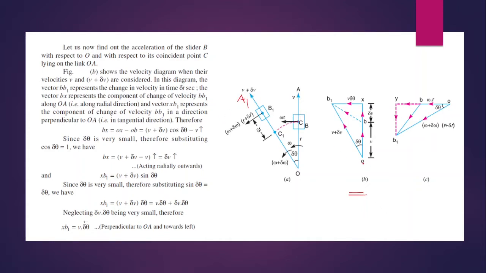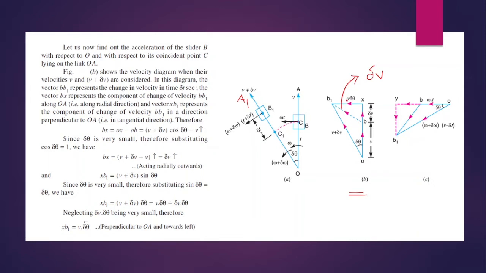We can represent v plus delta v like this: Ob1. Here v is represented by Ob. Then the vector delta v is represented by this dotted line.